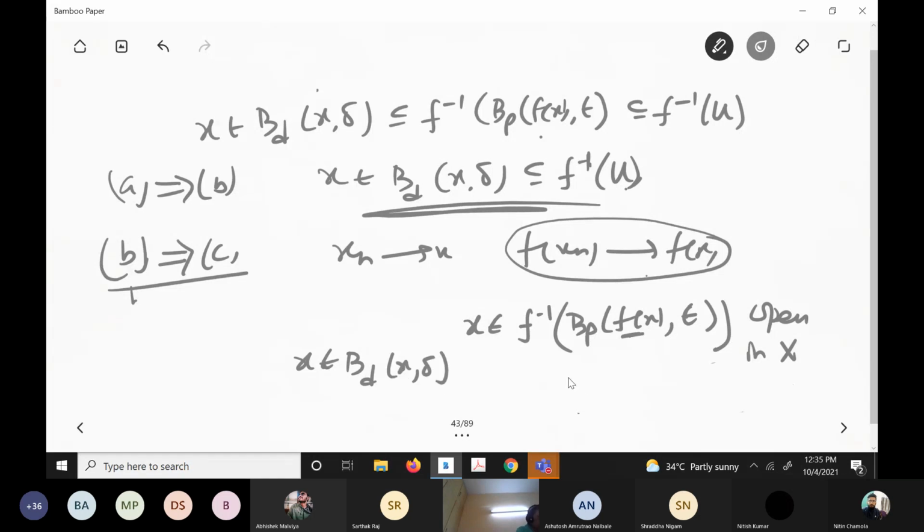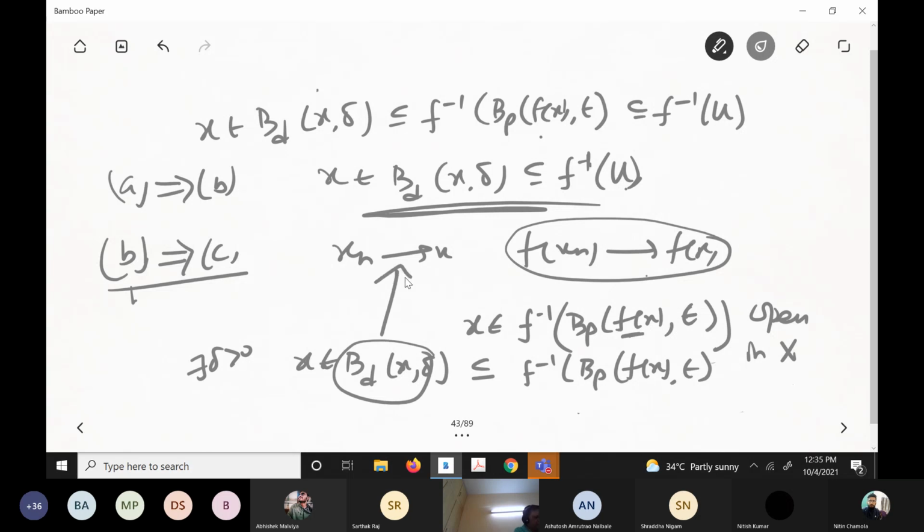This is open. By the definition of open, there exists delta greater than 0 such that the ball B_d(x, delta) is contained in the set. Now link this here.